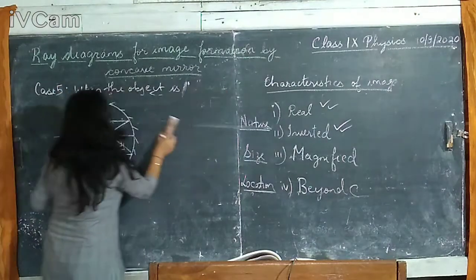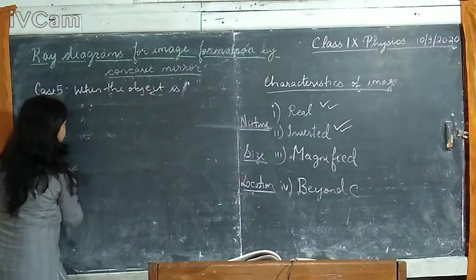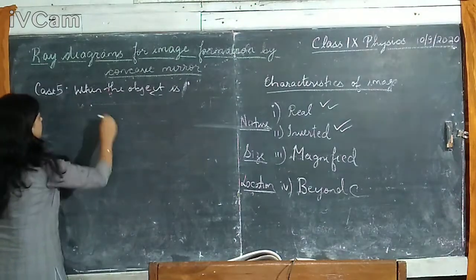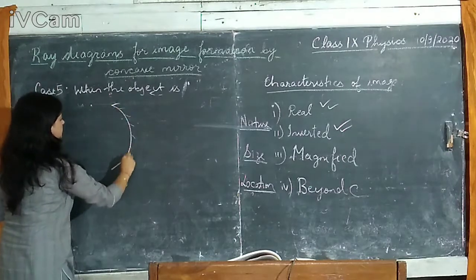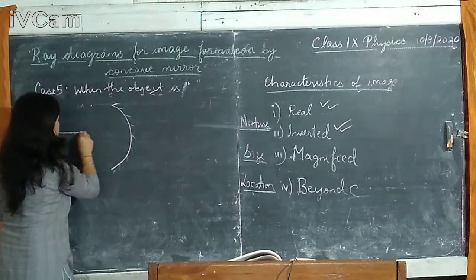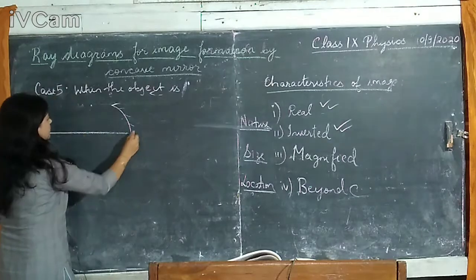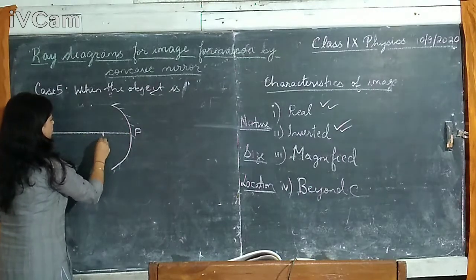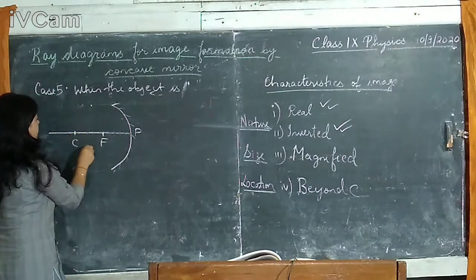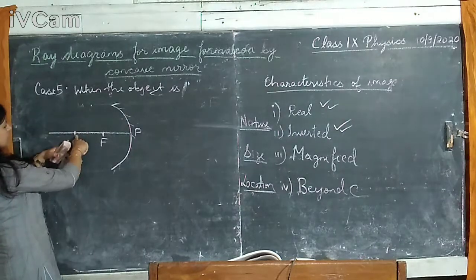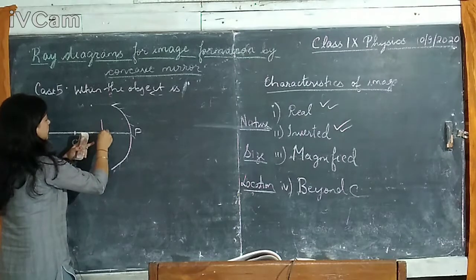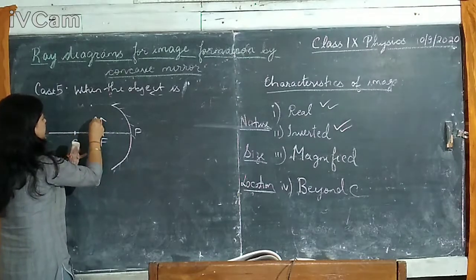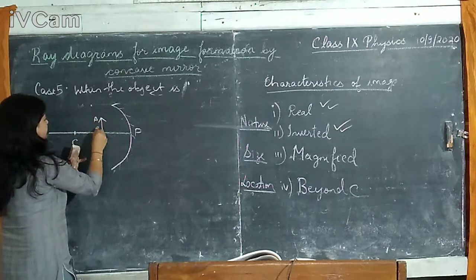Let's see where the object can be kept now. Okay, pole, focus, center. In the previous case the object was here, now we are going to shift towards the right side, that means the object will be kept exactly at the focus with the name AB.